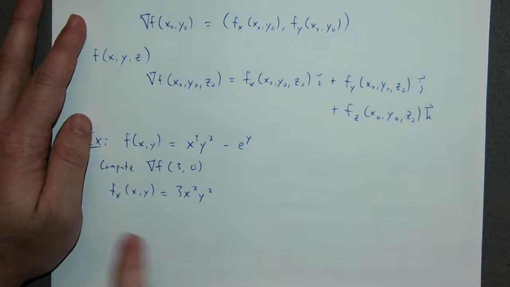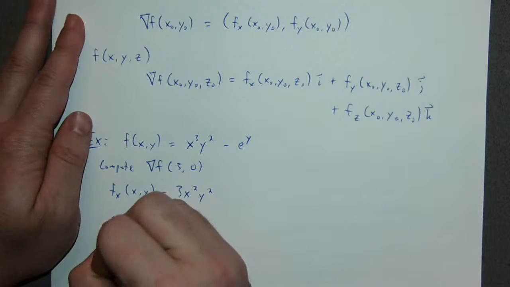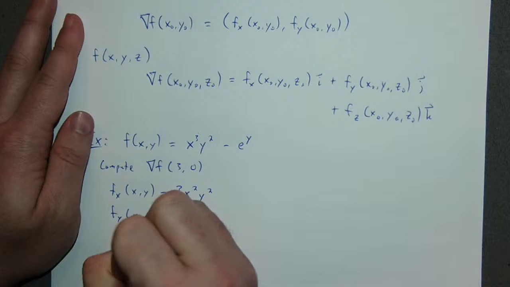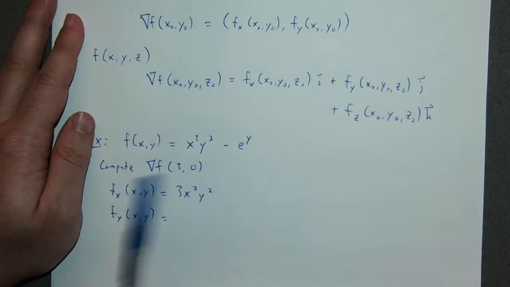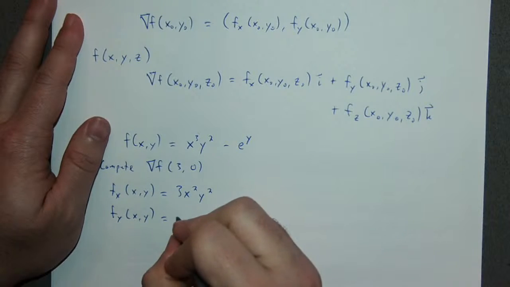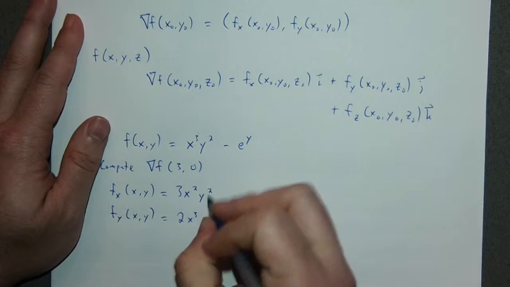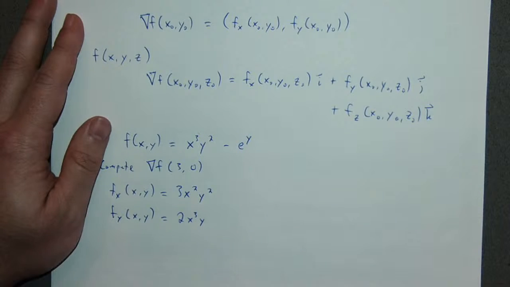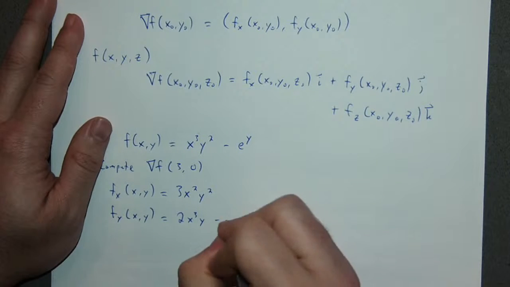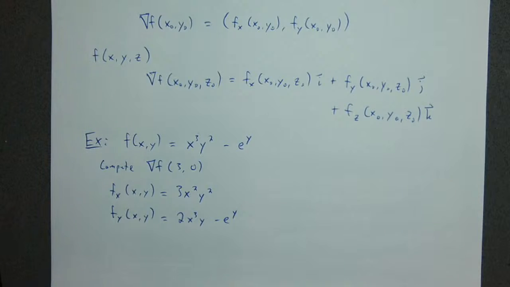The y partial of f, going term by term, the y partial of the first term is 2x cubed y, minus e to the y, since the y partial of e to the y is just e to the y.